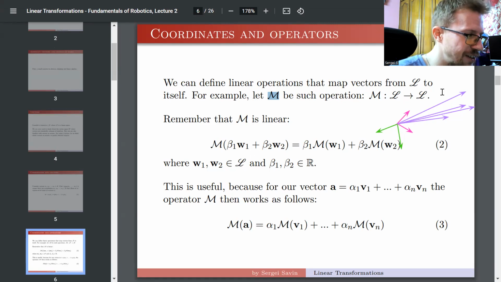And this is a legitimate linear operator, because if you know how to express those other vectors in terms of pink vectors, you will know what happens with them under this linear operation. So without numbers, without using matrices, we define the linear operator. And it is a legitimate linear operator, M, that operates not on numbers, not on columns of numbers, just on something, on arrows.